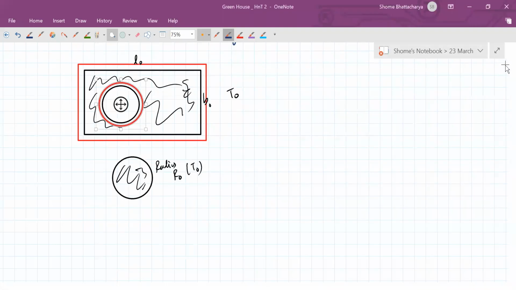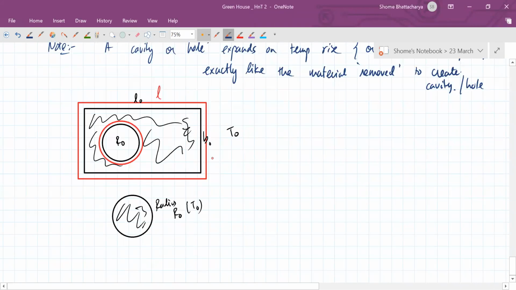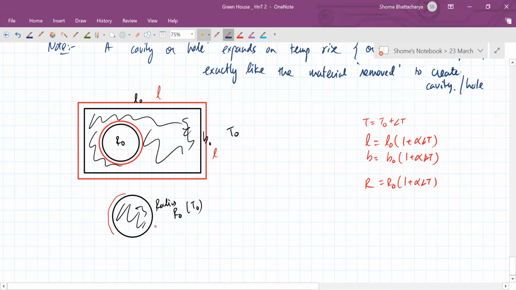Yeah, just a second. Yeah, so at a new temperature, L will become L naught into 1 plus alpha delta T. B will become B naught into 1 plus alpha delta T. That radius of this will also expand, just like this thing would have expanded.